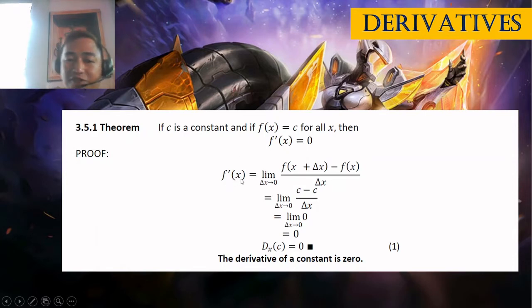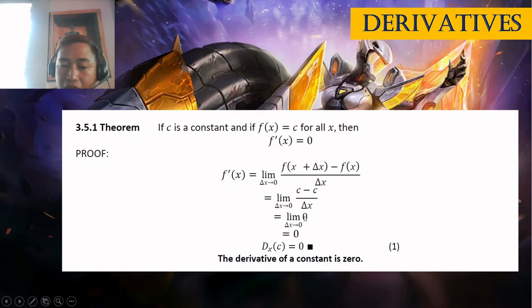Proof: f prime of x is equal to the limit of f of x plus delta x minus f of x over delta x. We use this formula for all the proofs. We use x, not x sub 1. So f of x plus delta x is c, since f is constant, minus f of x, which is also c, over delta x. c minus c is 0, and 0 over delta x is 0.